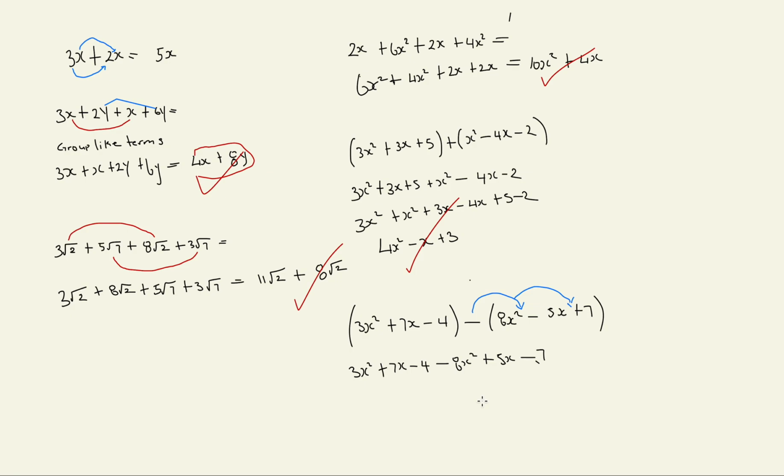Given that we have the equation like this, we just group like terms as per normal. So we say 3x squared minus 8x squared plus 7x plus 5x minus 4 minus 7. 3 minus 8, negative 5x squared. 7 plus 5, that's 12, positive 12x.